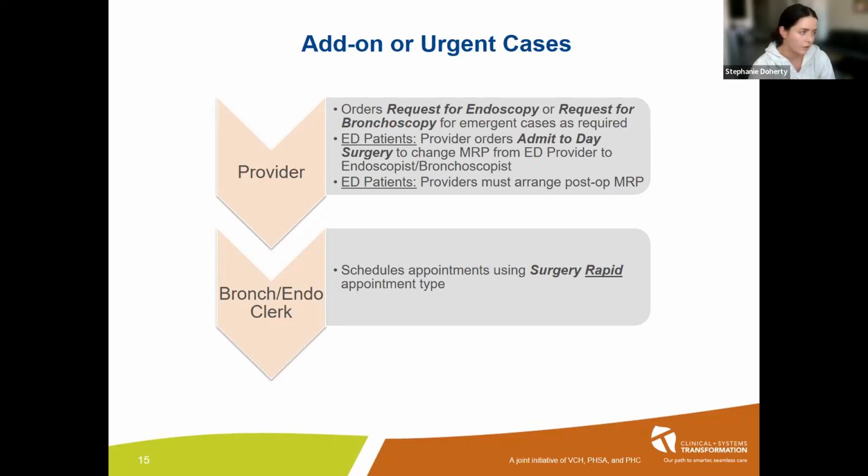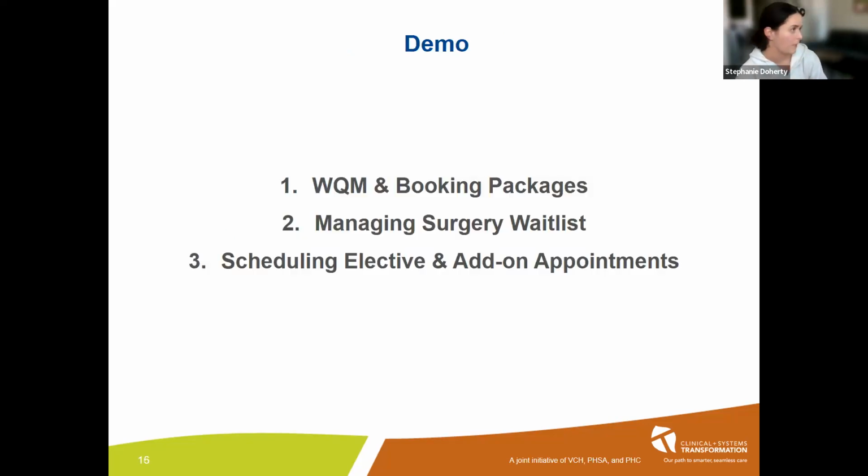The bronch and endo clerk will be alerted that a surgery rapid needs to be booked. It's just a different appointment type, which I will demo, and they will schedule the patient in using that appointment type. It just requires a lot fewer fields to be entered. Any questions about those 2 workflows? Okay, I'm going to demo. Give me 1 second.